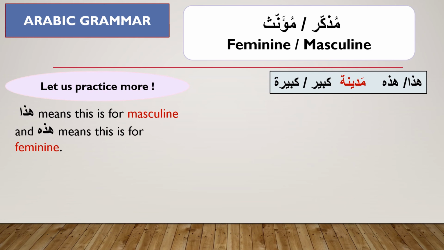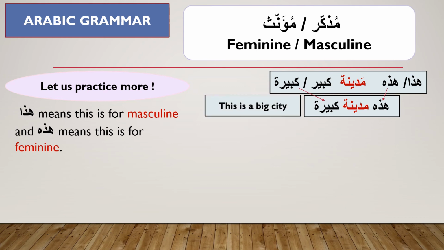So should we choose هذا or هذه? كبير or كبيرة? Of course we will use هذه and كبيرة because the word Medina is feminine. So we say هذه مدينة كبيرة. This is a big city.